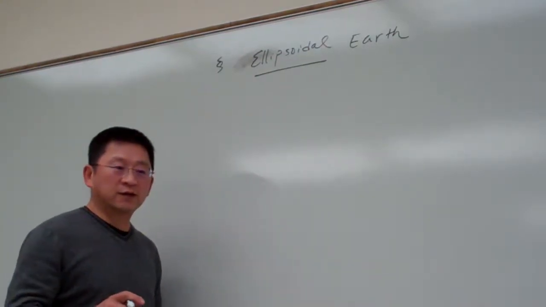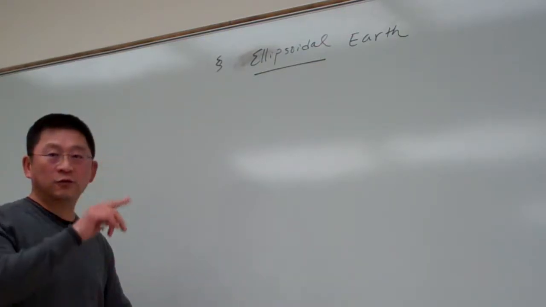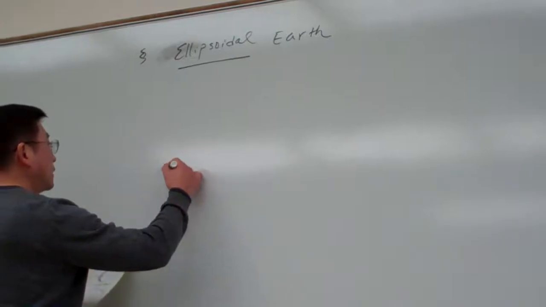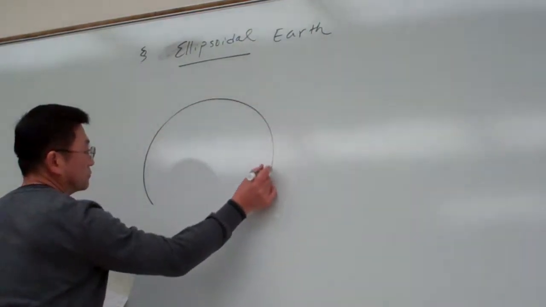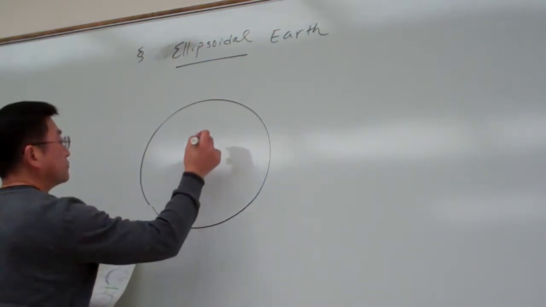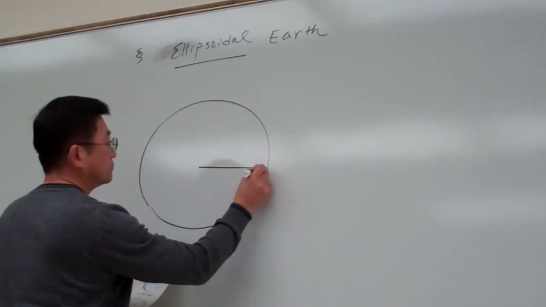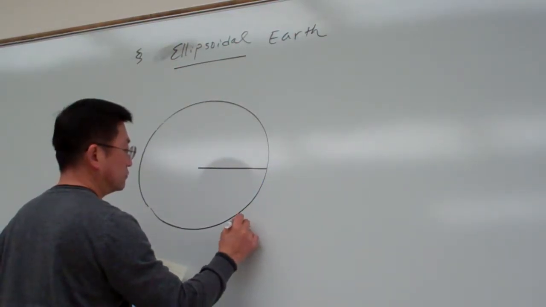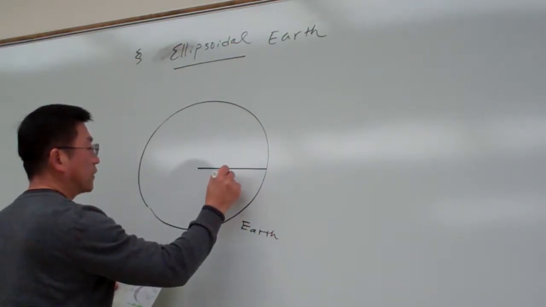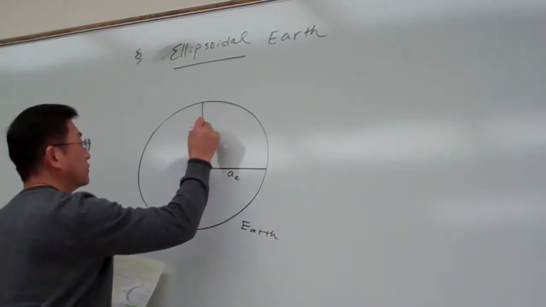the equatorial plane is not the same, actually a little bit longer than from the center to the North Pole. So here for Earth, let me define this as AE, and this is the center, this is the GE.